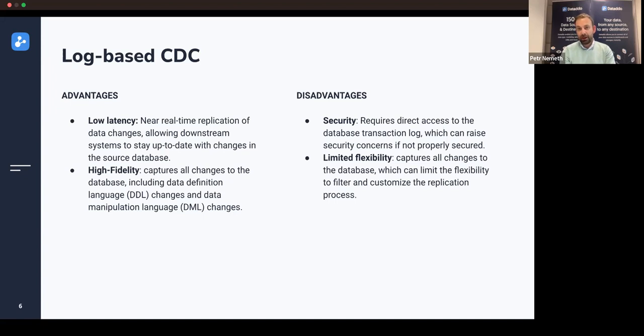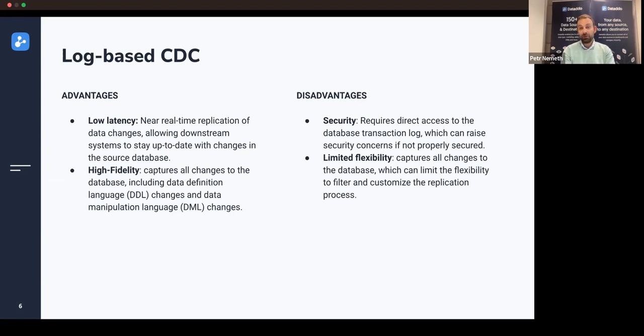This means that there has to be some protocol that allows you to tap into some sort of binary stream of the data and use that protocol to capture the changes. And this is exactly what is meant by log-based CDC.